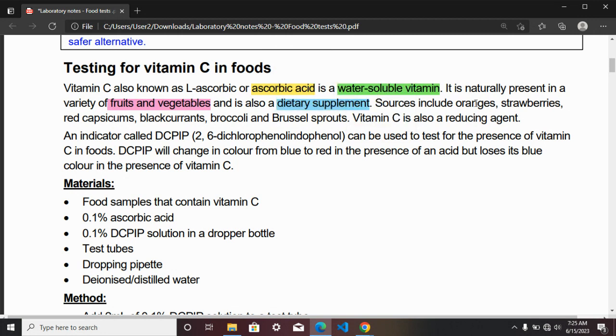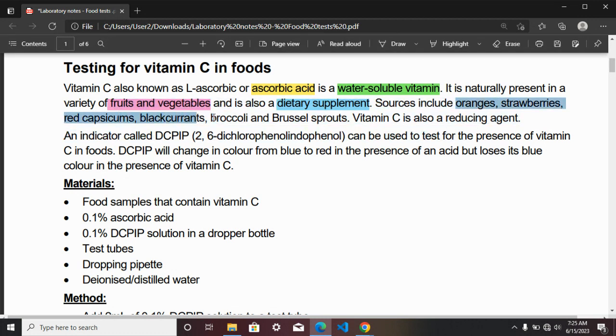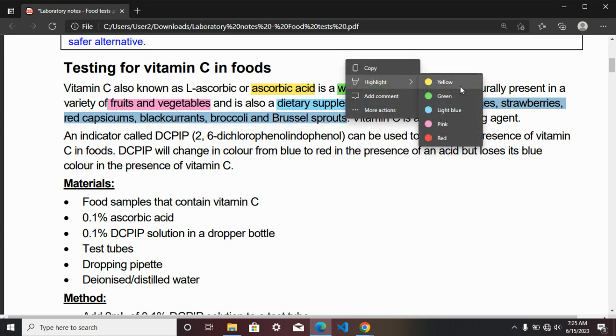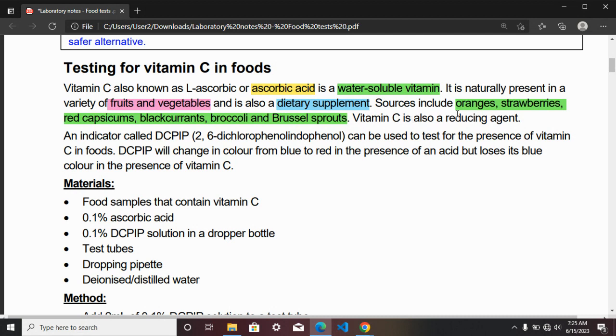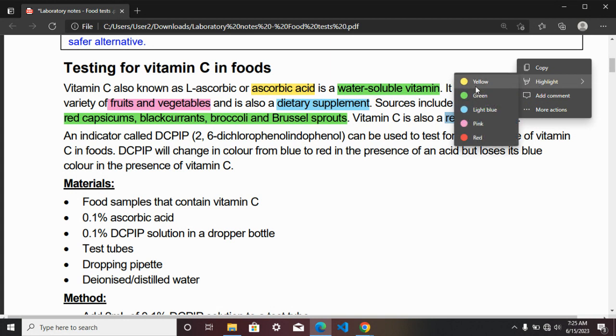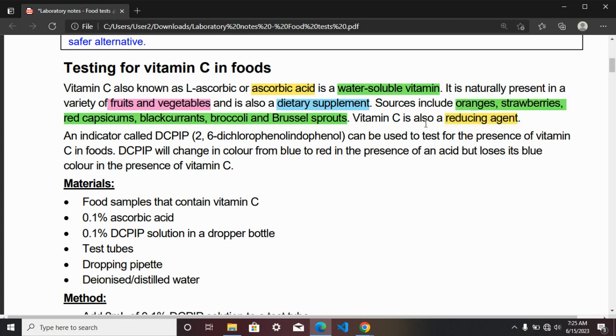Sources include oranges, strawberries, capsicums, black currants, broccoli, Brussels sprouts, and many other fruits and vegetables. Vitamin C is also a reducing agent. These are the chemical characteristics, because the kind of test we are going to use will involve chemical reactions.